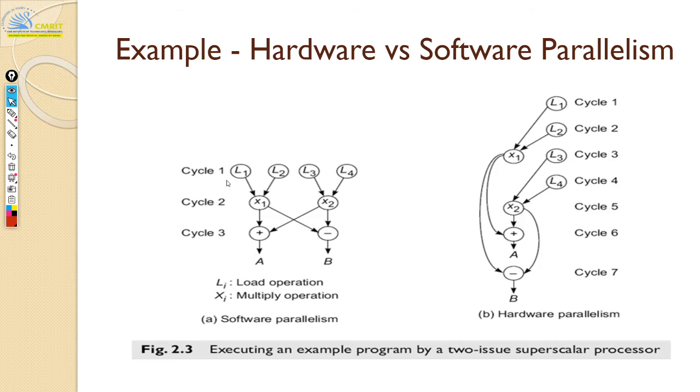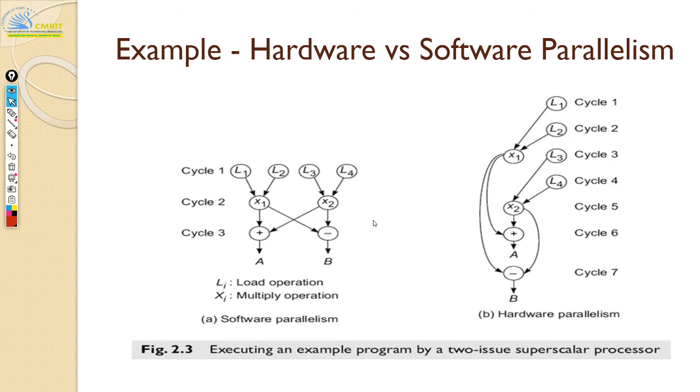So in theory, on a software design, all these L1, L2, L3, L4 can be executed parallelly. Okay, and then X1, X2 can be done in the next cycle, and finally in cycle 3 you can get your computation completely done. Okay, so this could be possible in the software, but you don't know what hardware you have.